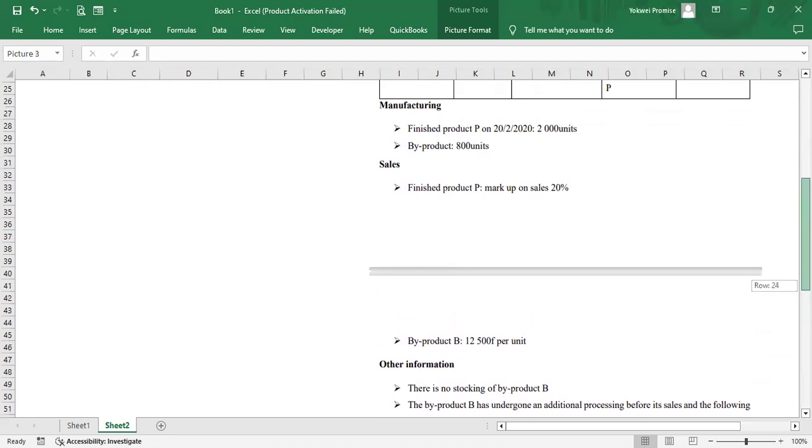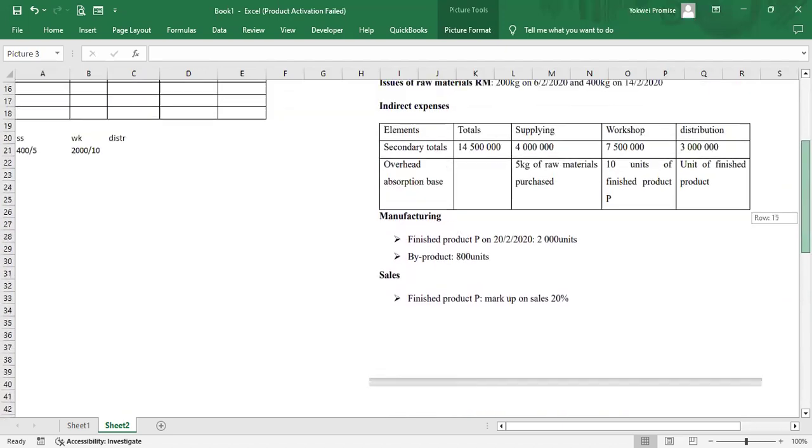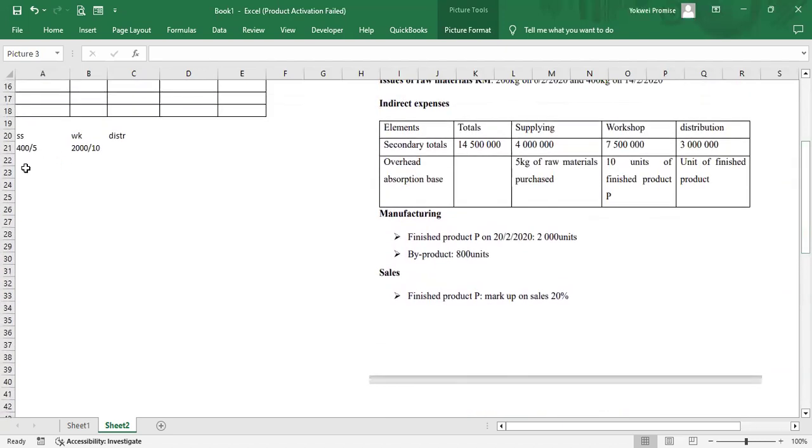Meaning what we started our stock with, the initial stock, if we add it to our purchases, it should be equal to the sales plus what is remaining as the final stock, right?